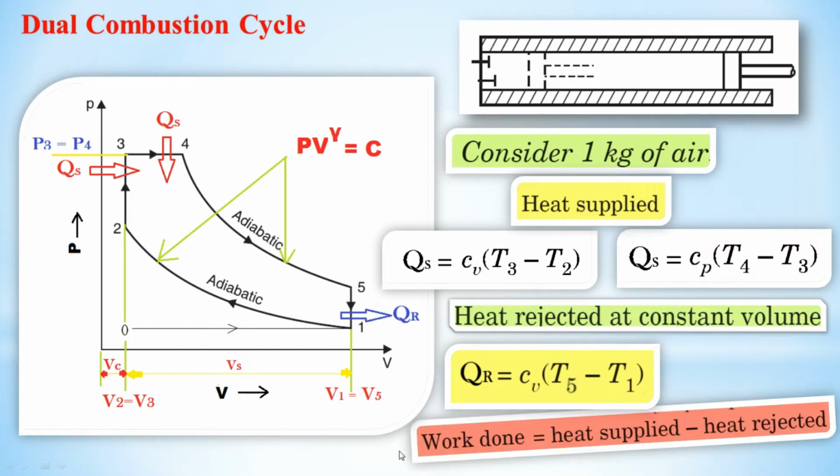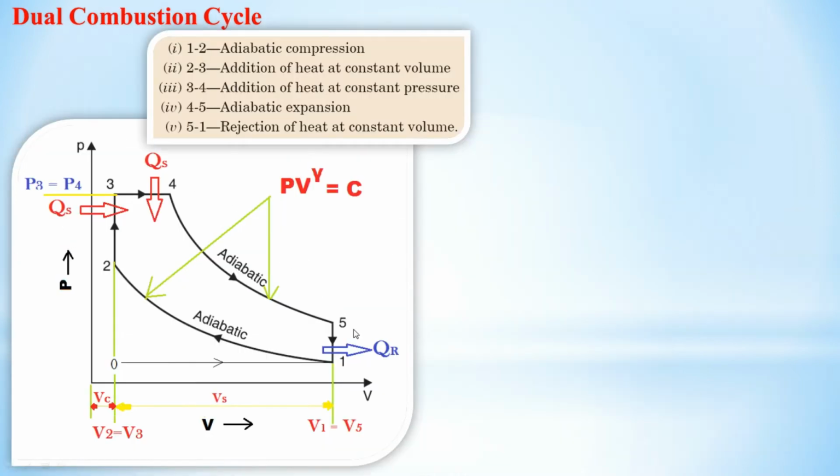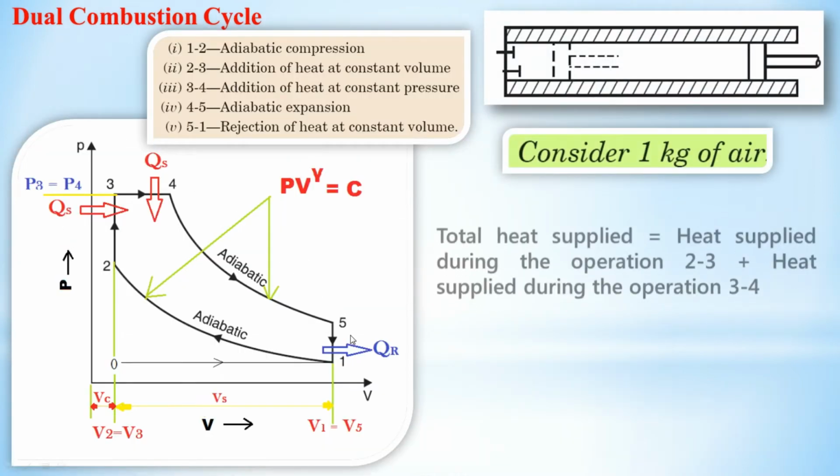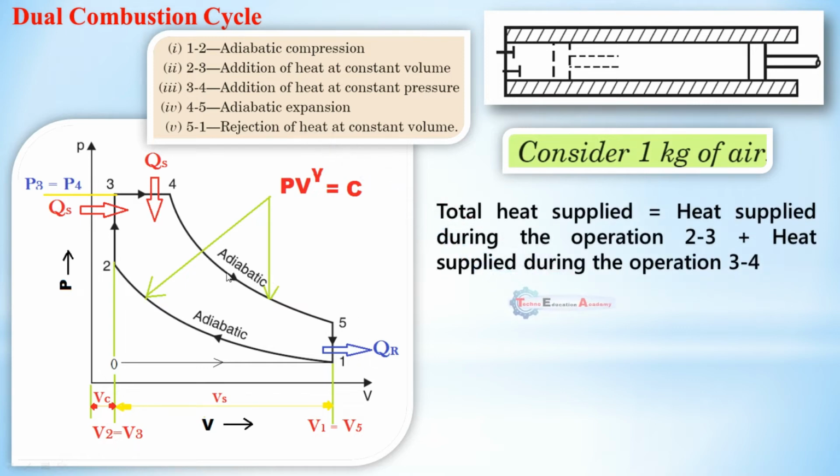We know that work done means heat supplied minus heat rejected. The heat supplied is during process 2 to 3 and process 3 to 4, and the heat rejection is during process 5 to 1. So the total heat supplied in the cycle: partially we supply the heat at constant volume during process 2 to 3, and partially at constant pressure during process 3 to 4.